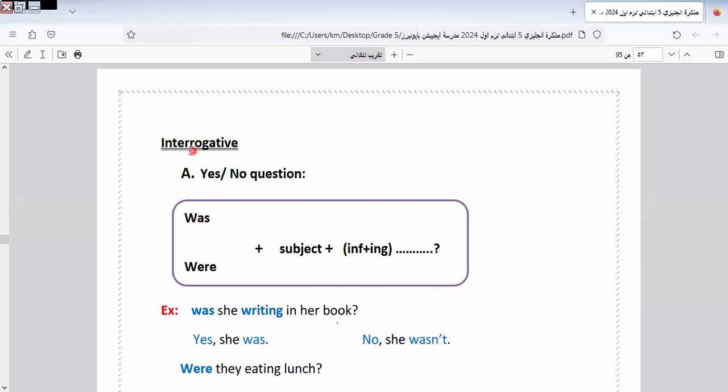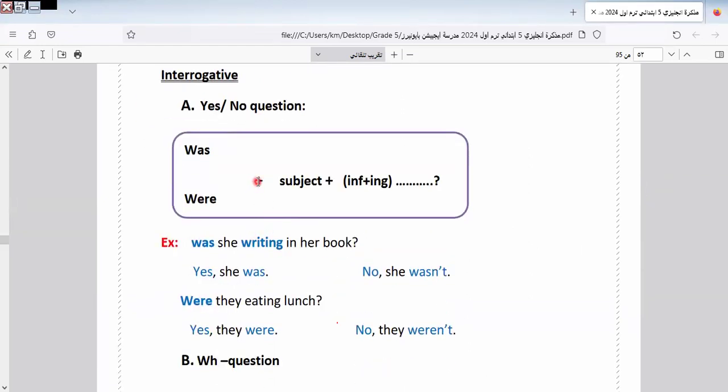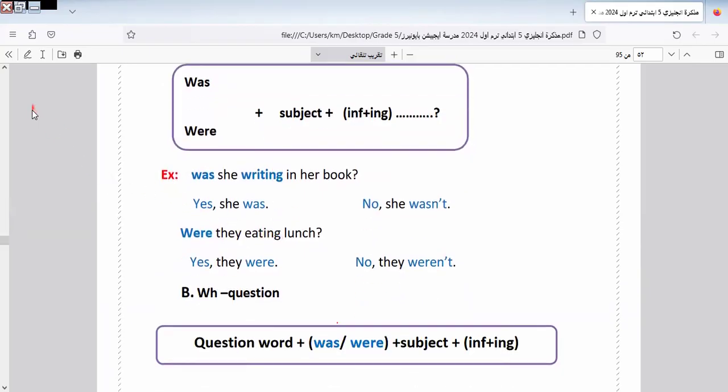Let's continue the rest of the unit. Here is the interrogative. Interrogative means a question. When we make a question, I make a replacement.